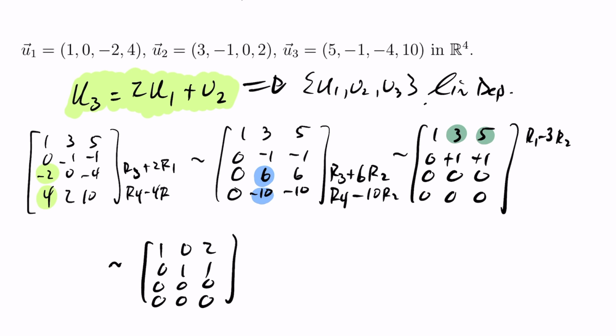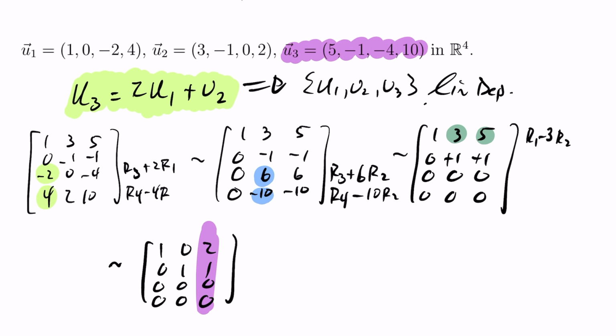And take a look here. Once we get to this point, I've now shown that vector u3 is linearly dependent on the other 2 vectors, because we have the combination here. It tells us twice the first vector, plus the second vector, is going to equal vector u3.